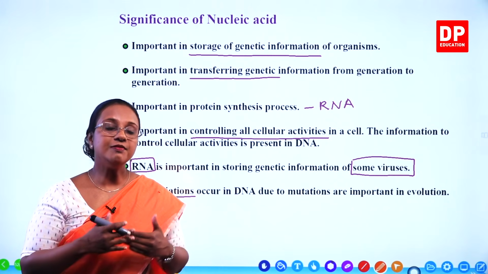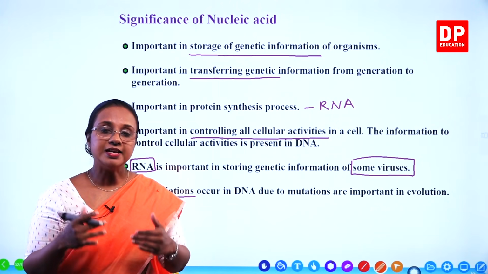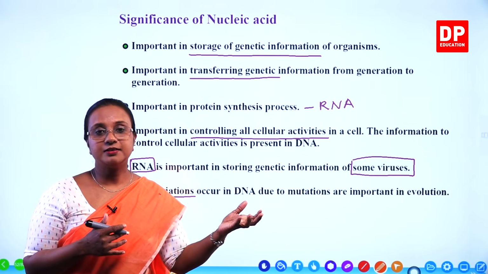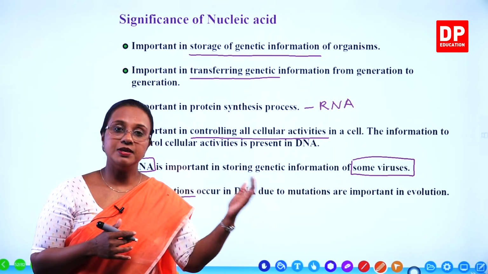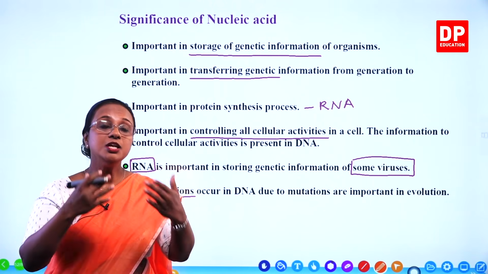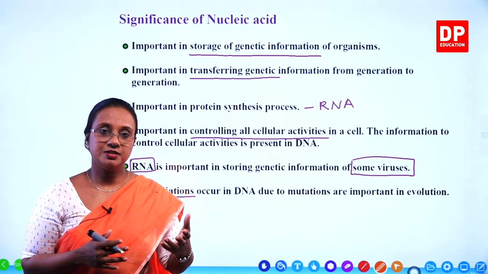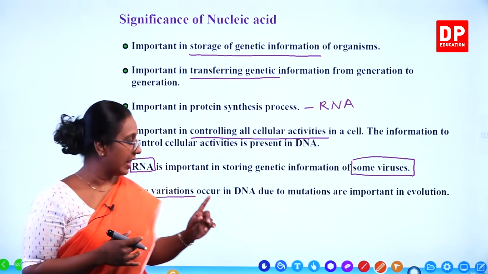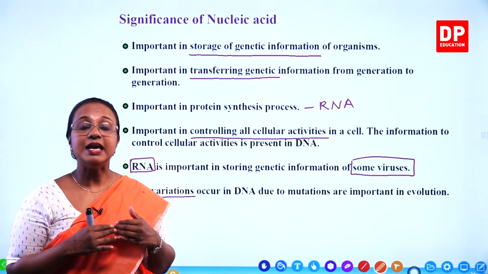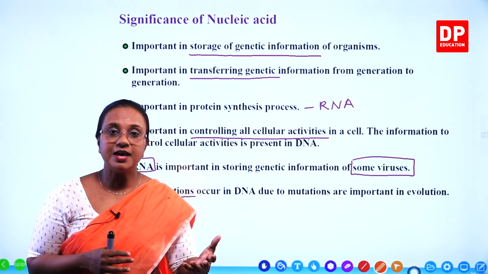The child will either have curly hair or straight hair. That is how we get characteristics from the previous generation. But if you have a new type of hair, that is a change. That is what we call variation. A change to the existing character is known as variation.